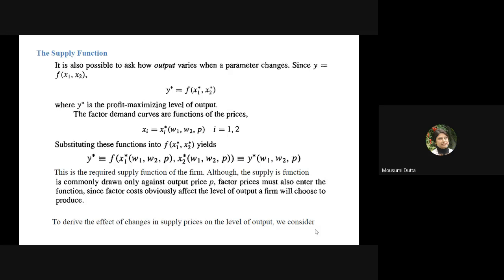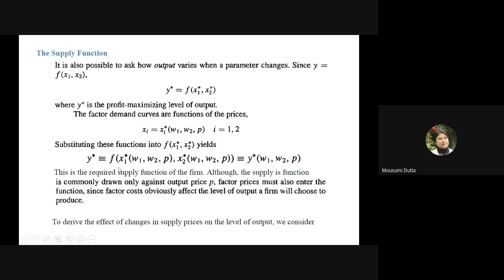The factor demand curves are functions of prices. Already we considered it in this way. So x1 is a function of W1, W2, P, and the x1 value at equilibrium is given by x1 star. Similarly, x2 star will again be given by a function of W1, W2, P. So we can plug the x1 star value and x2 star value in the y star function.